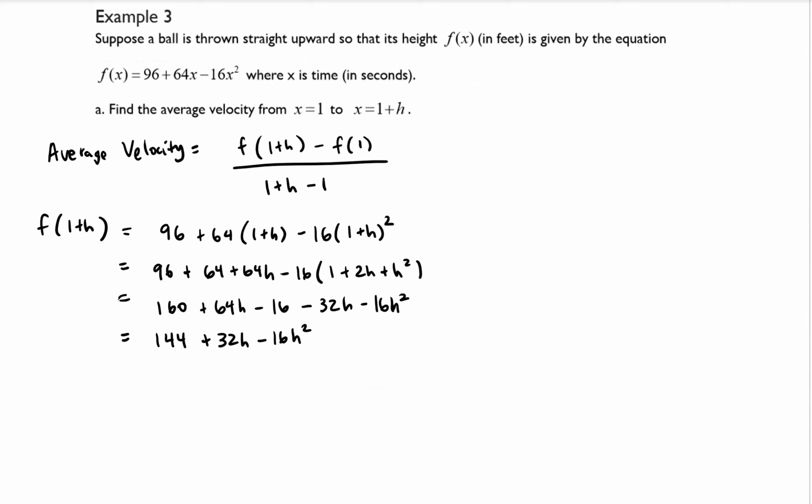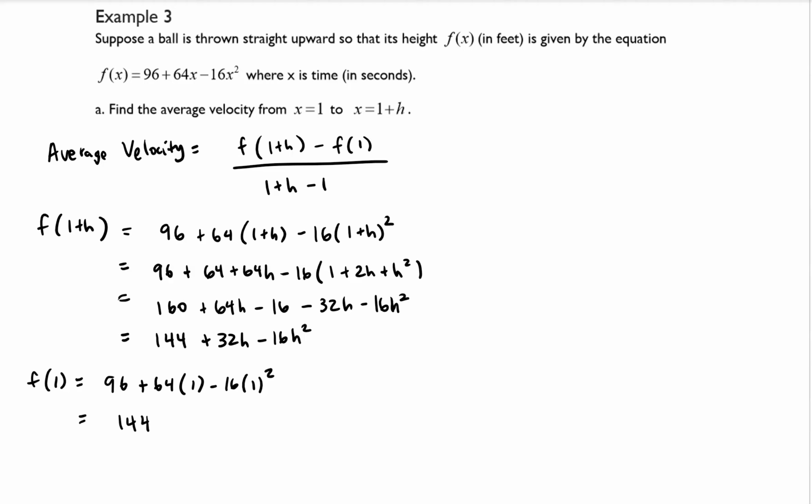Now we want to evaluate f of 1, so f of 1 is equal to 96 plus 64 times 1 minus 16 times 1 squared, and if you simplify that, that will give you 144.